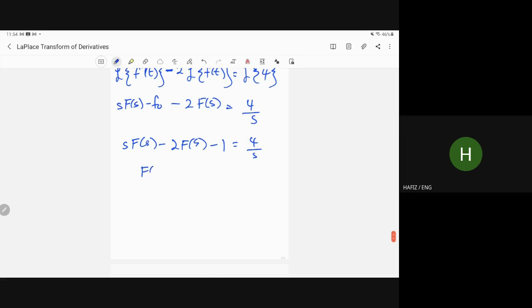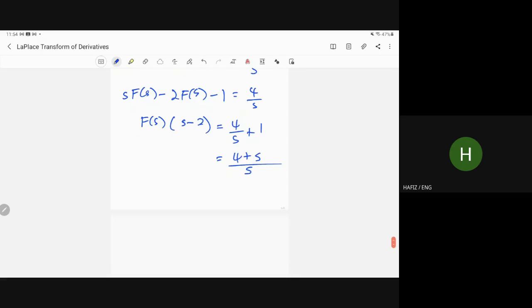So we can factorize the F(s) as s minus 2, and we can bring the 1 to this side. So we can put that as 4 plus s over s.